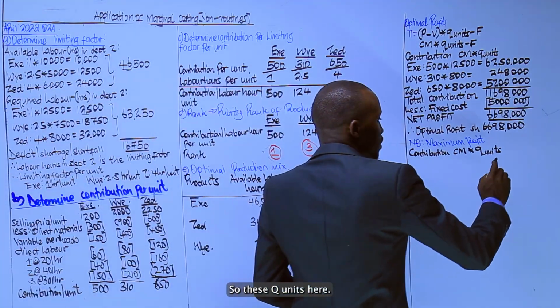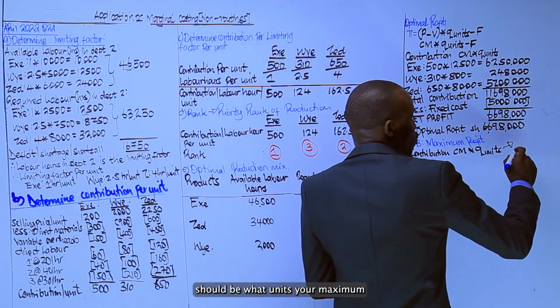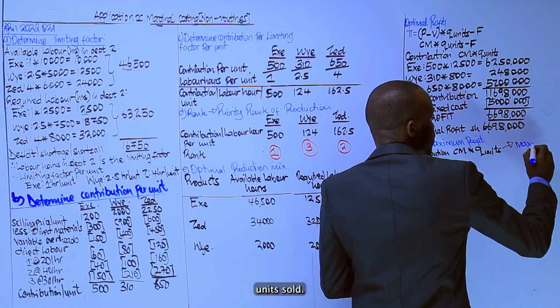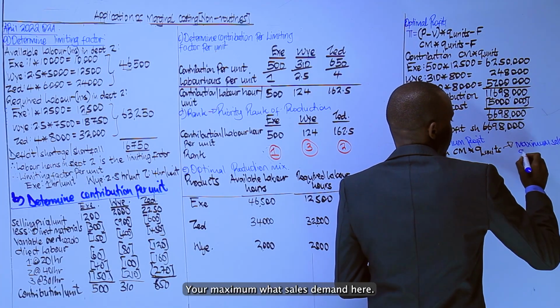So these Q units here should be your maximum units sold, your maximum sales demand here.